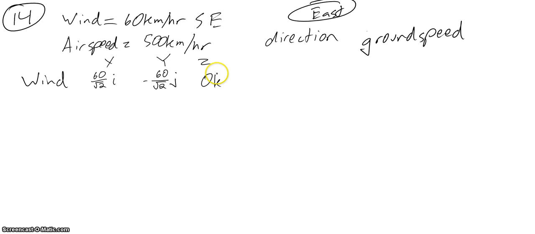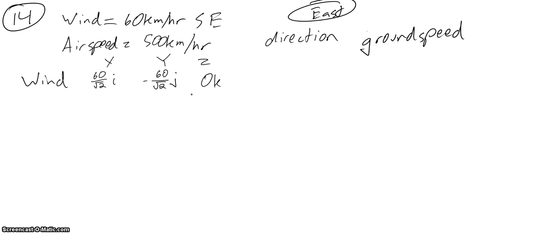Alright, so it's pretty convenient because this is only a two space. You don't have to think about the plane going up or down. You just have to think about the four cardinal directions, north, south, east, and west.